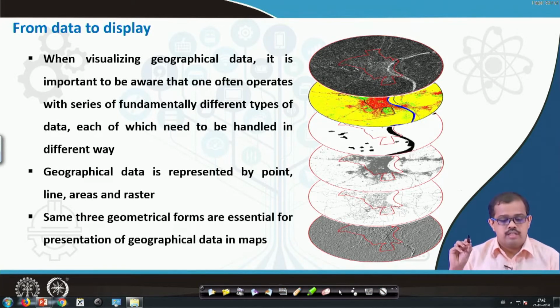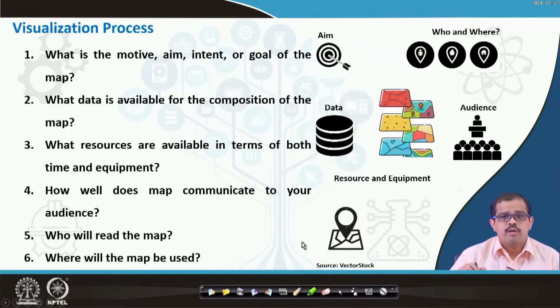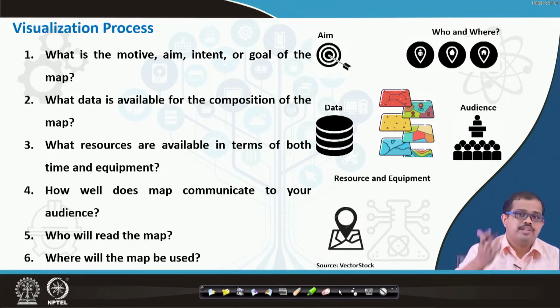Okay, geographical data is represented by points, lines and polygons, and also by rasters. That's what I mean by geographical data in maps. Now, when we look at the visualization process, as I said previously, it is about how you want to present your data.